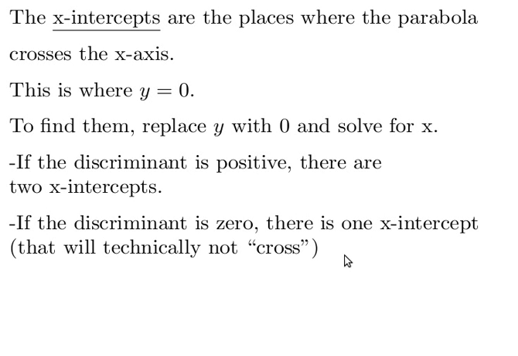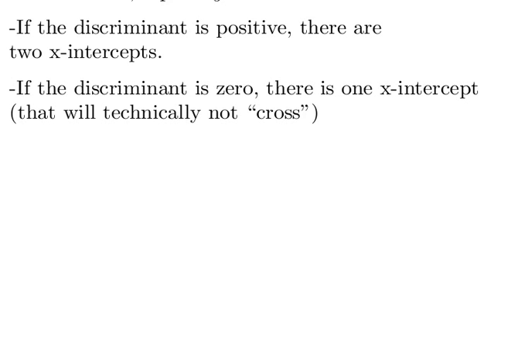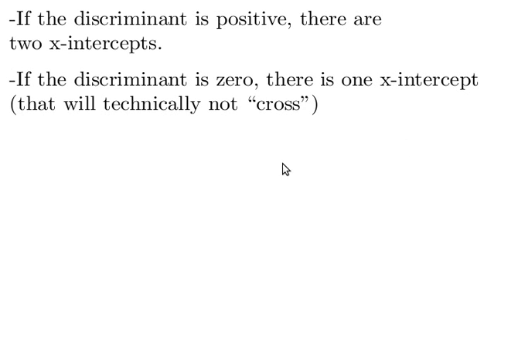So what that's saying is, let me scroll down. If the discriminant is 0, there's one x-intercept that will technically not cross.